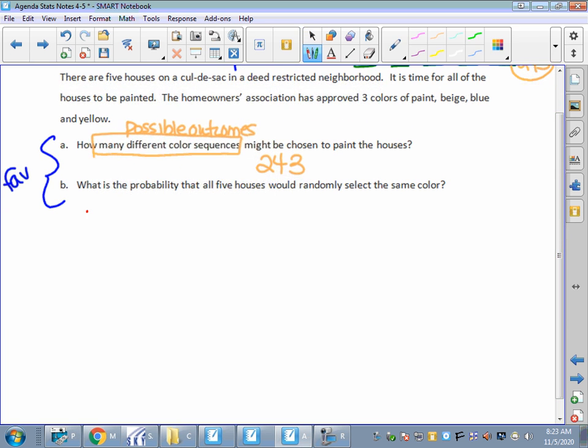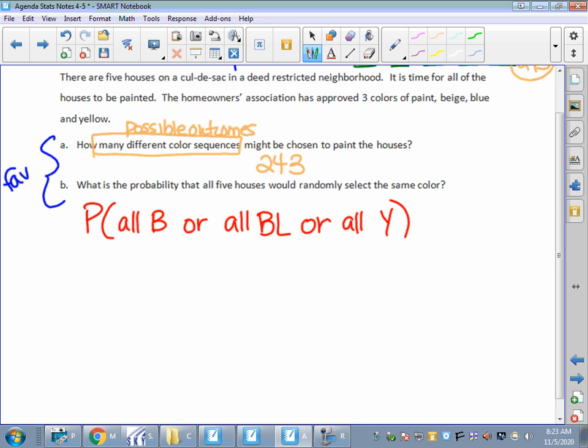So we can't just say the probability of the same. That's not going to work, right? Because it could be the probability that all 5 are beige, or all 5 are blue, or all 5 are yellow. So we've got ourselves a multifaceted problem here.